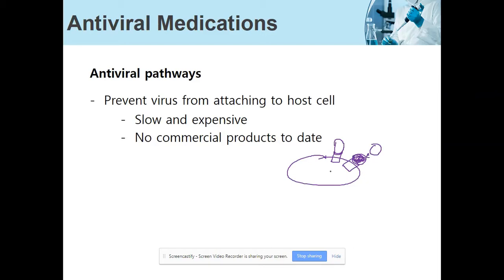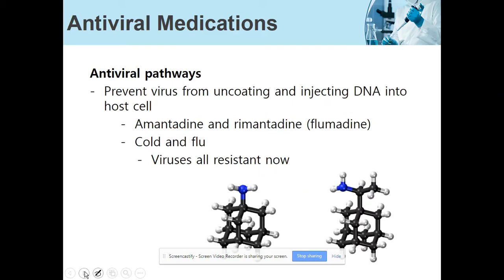That means that the virus cannot get its DNA into the cell. Infection is prevented. Unfortunately, this is super slow. It's really, really expensive. And so we don't actually have any medicines on the market right now that work this way. But it certainly is a great way that we could prevent viral infections. We're just not there yet.